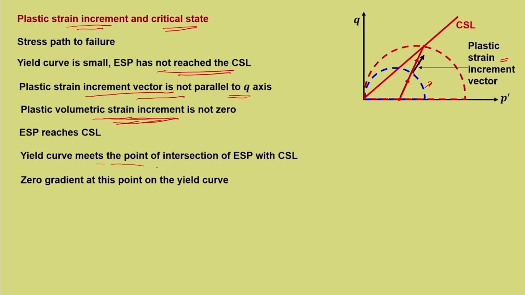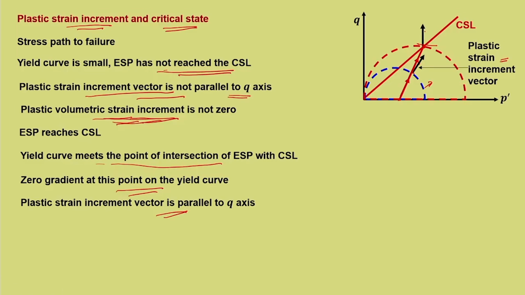That is, the yield curve meets the point of intersection, that is what I told, and there is 0 gradient at this point on the yield curve. What is meant by 0 gradient? At this particular point the slope is 0 and the plastic strain increment vector is parallel to the q axis.